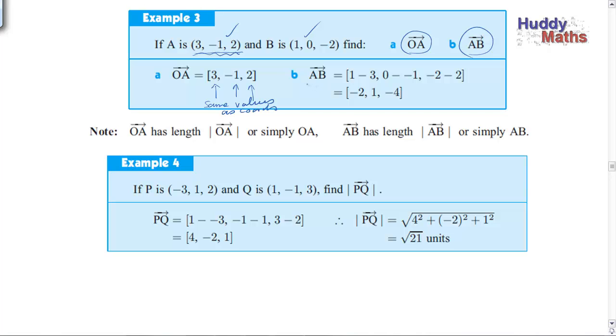What about AB? AB is the position vector of B from A, or relative to A. So you're starting at A and going to B. And so the movement is 1, take 3. And then 0, take -1.